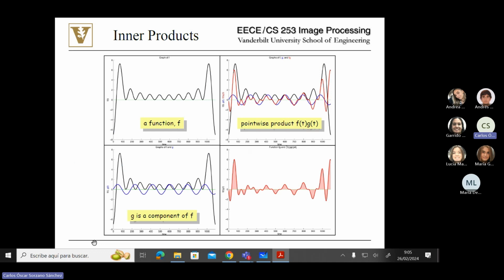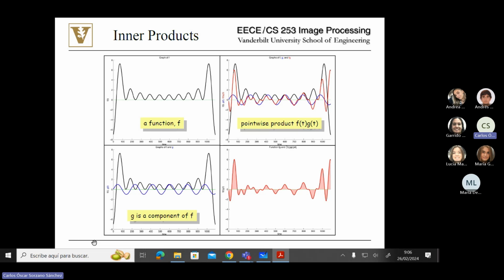Okay, so let's see how you can compute these things. Let's say that you have a function f, you have a function g, like this here. And then you have the inner product of f times g. So you have point by point f times g, so this is f of t times g of t. Now we are only showing f times g, and now you have to compute the integral. So the integral is all this area.